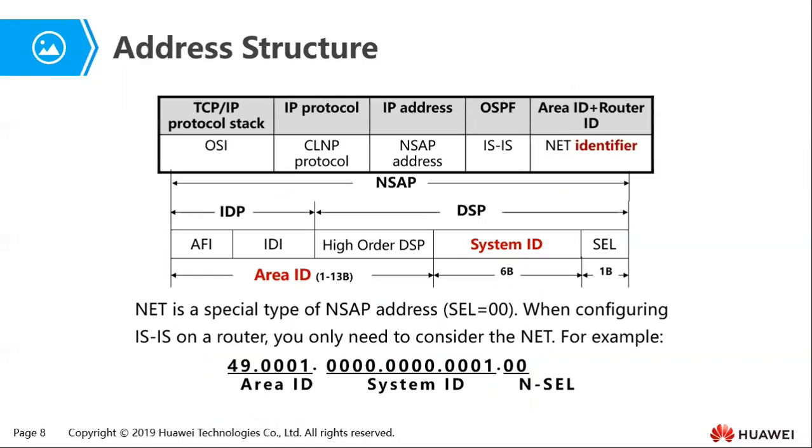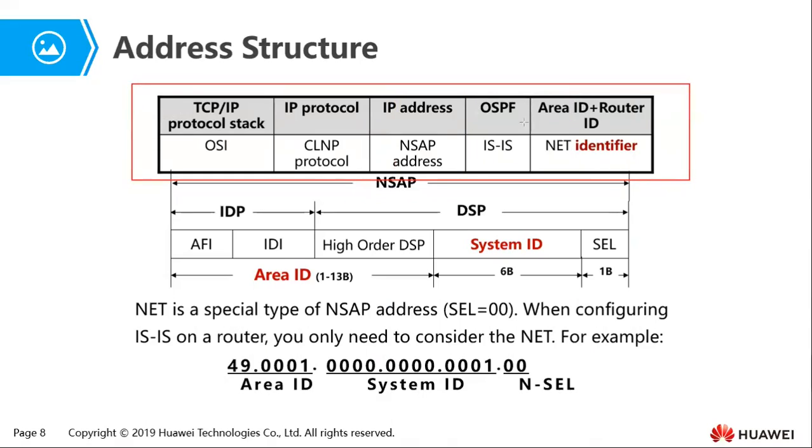Okay, so now let's look at, the title here is address structure. Now we have a table here. This table really is just comparing these two protocols, IS-IS and OSPF.